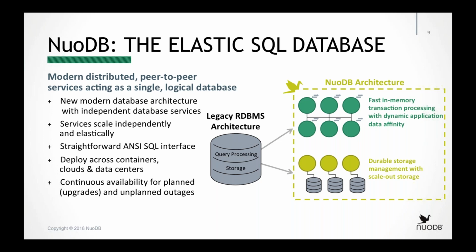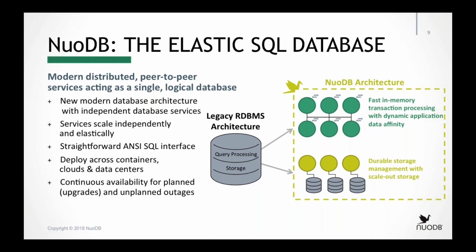The lower layer is the durable layer, which is what we call the storage managers, and they're responsible for writing and persisting transactions to disk. Here we have 3 different storage managers, which in this diagram indicates that we have 3 full copies of our database.